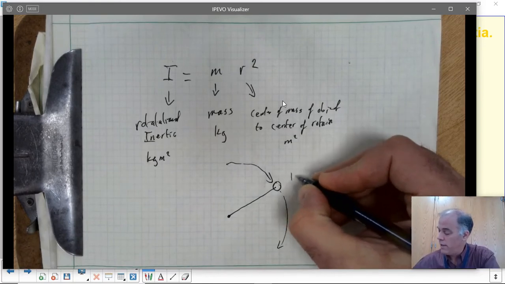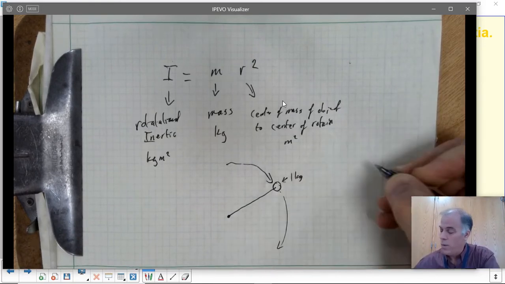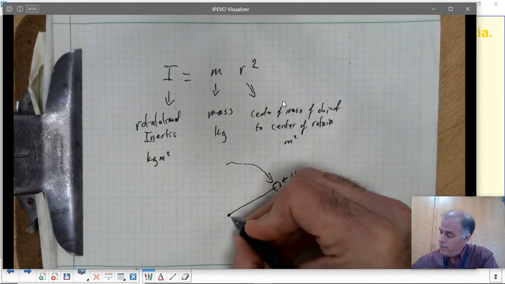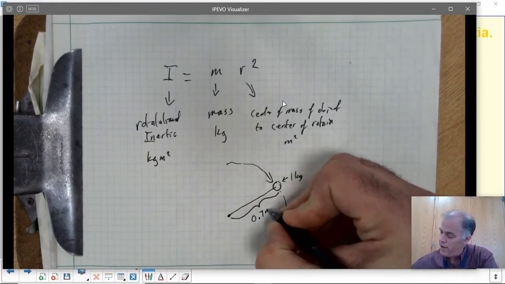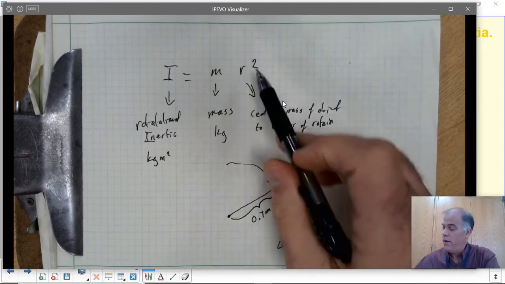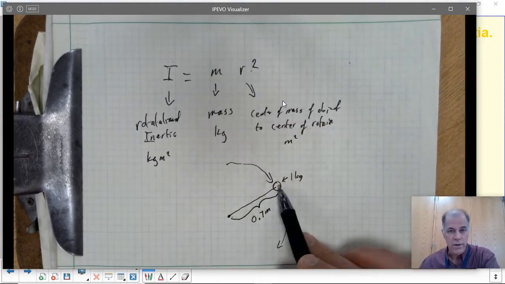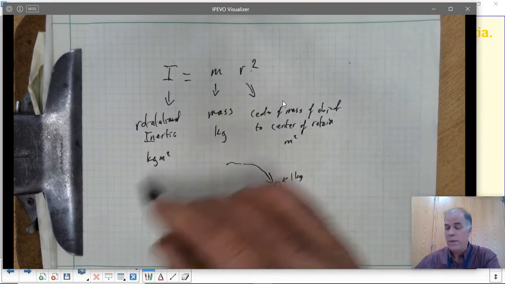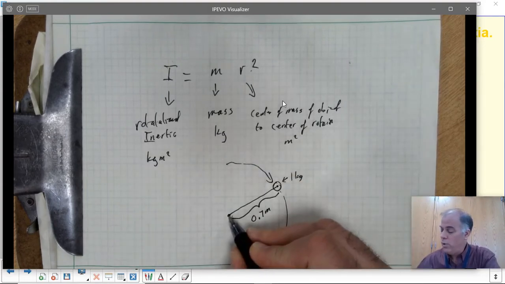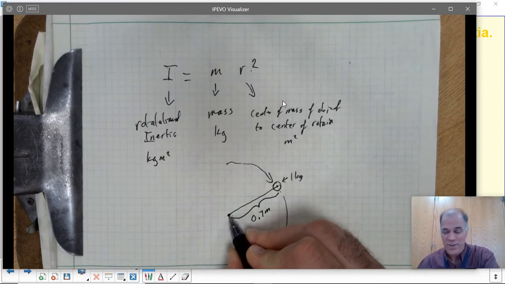Let's call this a 1 kilogram mass. And if this is, let's say, 0.7 meters, then r is 0.7 meters. And it's the distance from the center of mass of the thing which is spinning around and around to the point that it's spinning around.